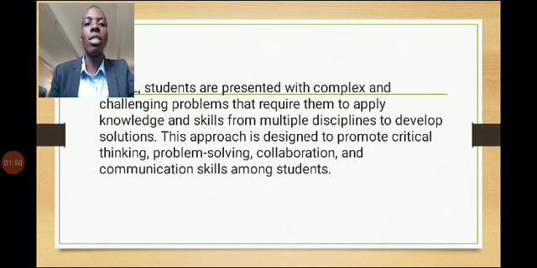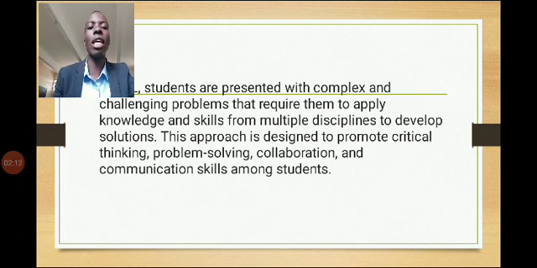As we can see on this next slide, students are presented with complex and challenging problems that require them to apply knowledge and skills from multiple disciplines to develop solutions. This approach is designed to promote critical thinking, problem solving, collaboration, communication, among others.